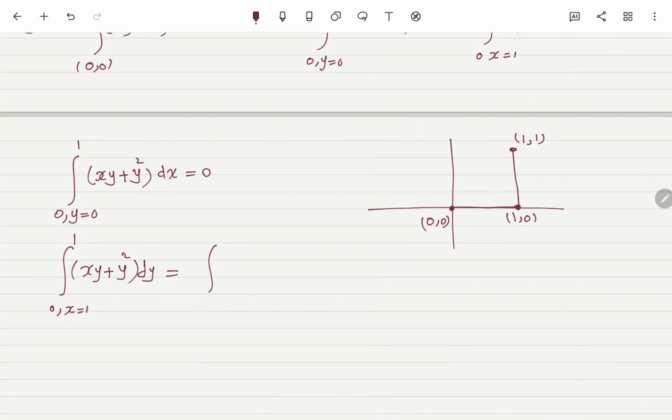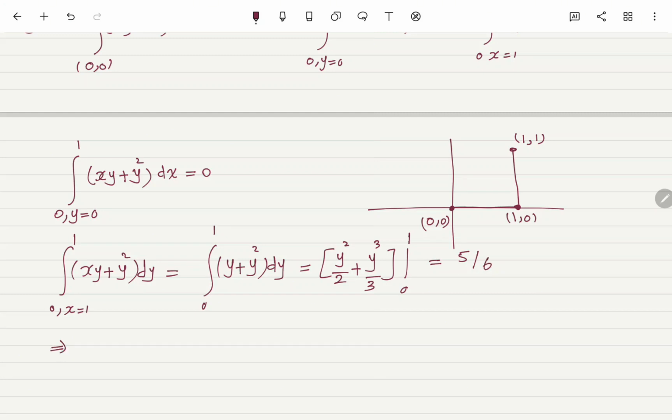So from 0 to 1, y plus y square dy is equal to y square over 2 plus y cube over 3 from 0 to 1, and this whole thing equals 5 over 6.